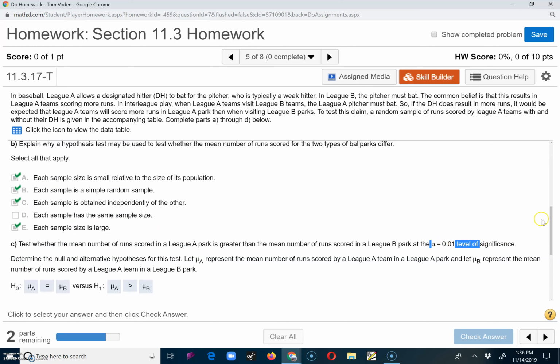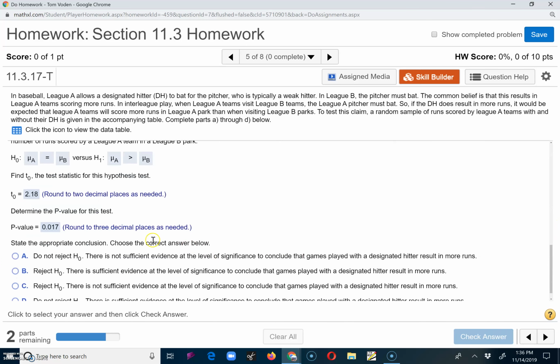So this alpha value is the threshold that we use to assess the p-value. Since the p-value is greater than alpha, we conclude that the way this test is set up, this sample does not provide significant evidence in favor of the alternative hypothesis.